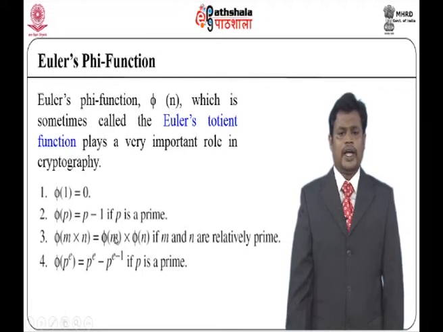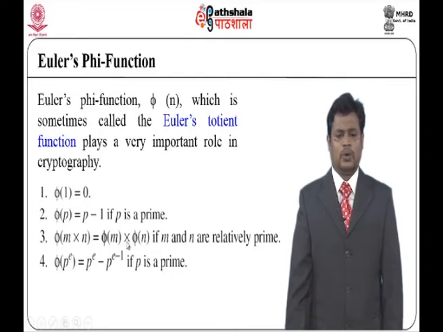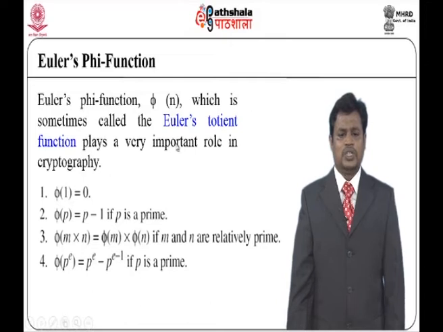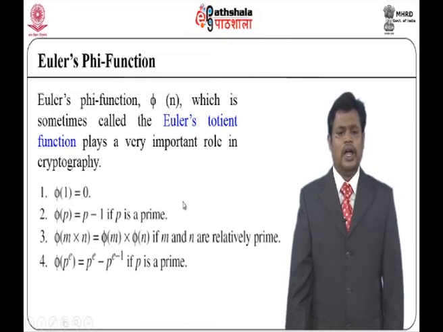Phi of 2: 2 is a prime number, so I apply the second rule, and I get 1, because 2 minus 1 is 1. Similarly, phi of 5: 5 is a prime number, so I apply the second rule and get 4. So, 1 into 4, I get the answer: phi of 10 is equal to 4. That is Euler's phi function.